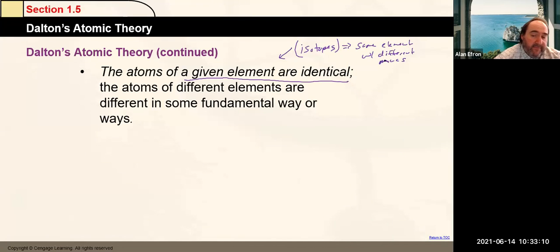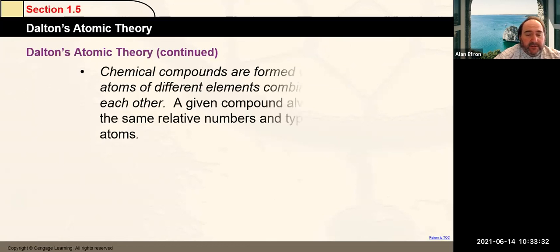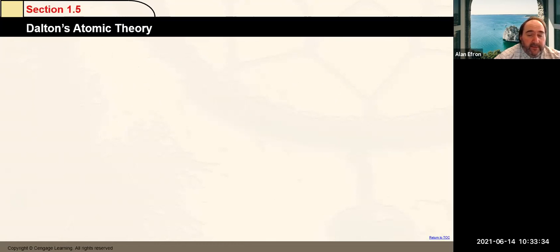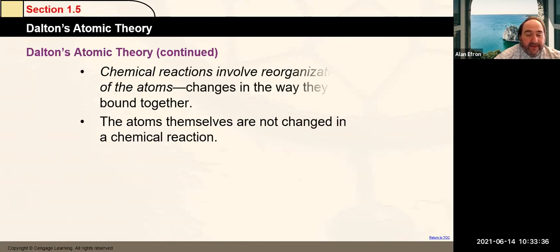And right there, if they are the same element but have different masses, then they cannot be identical to each other. So Dalton's atomic theory is not correct in 100% of all aspects, just like we were talking about, theories are not 100% correct. And those are the two main parts where it lacks in being correct. Any questions on that?